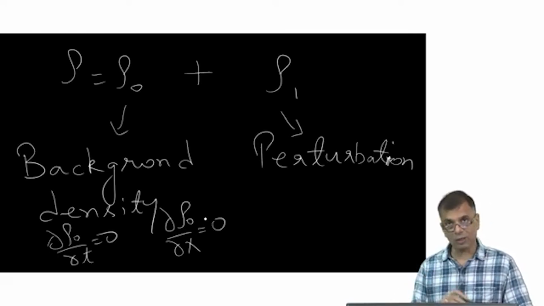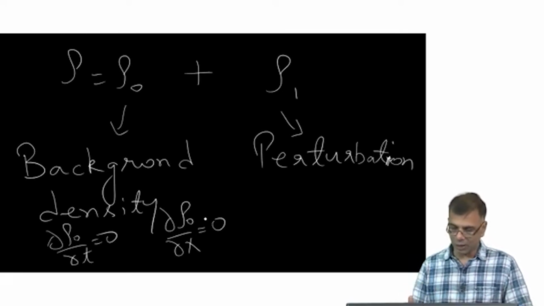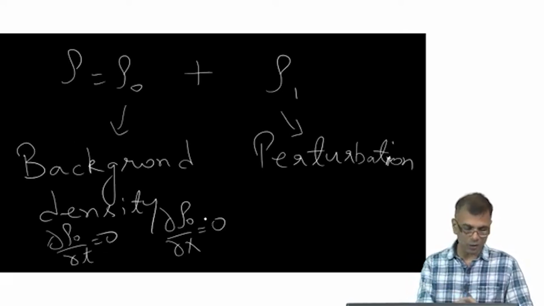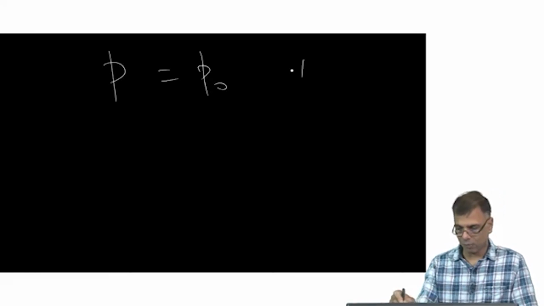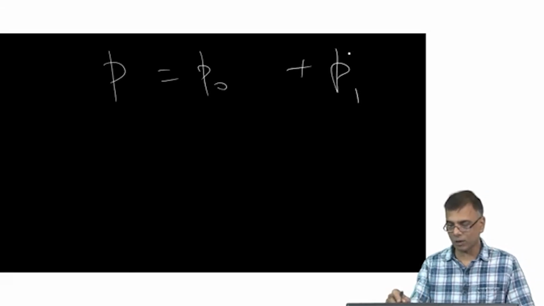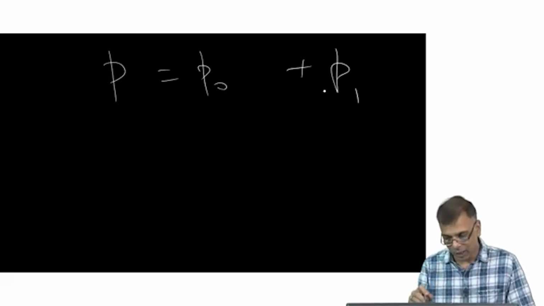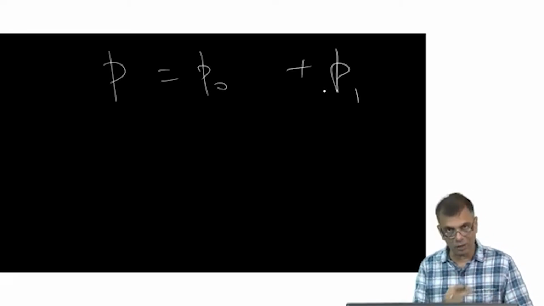Not so for the perturbation, of course. So you start out with a uniform background, and we have the same philosophy for the velocity and for the pressure. The total pressure is the sum of a background pressure plus a perturbed pressure, and the background pressure is time invariant: d over dt of p naught is 0.